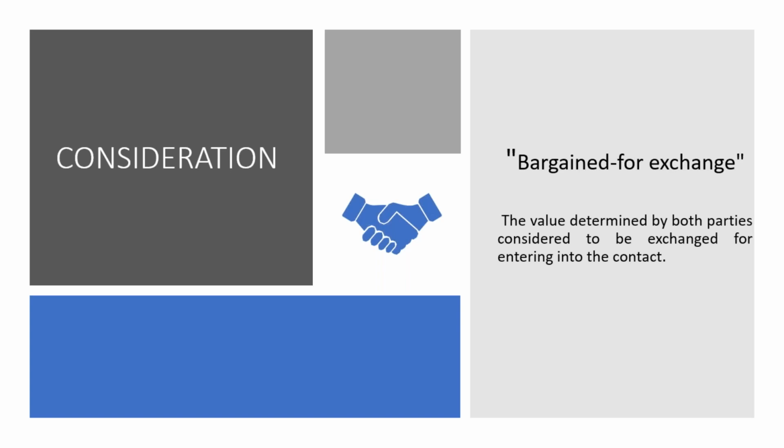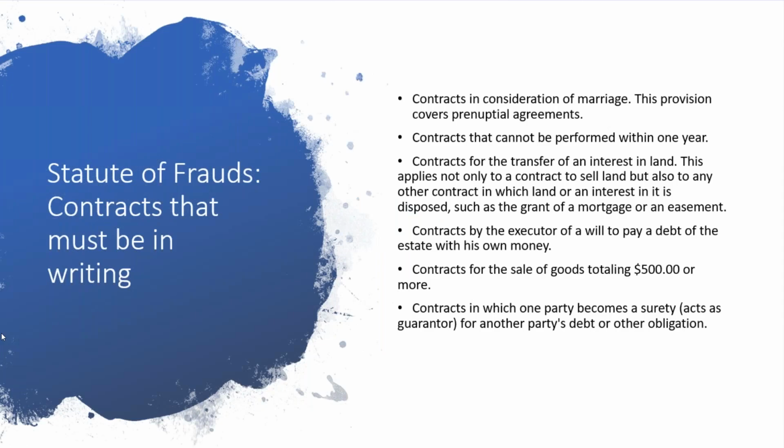So again, in the example that I provided, the scooter is consideration for the $400, which is also consideration. Those are the two forms of consideration that are considered bargained for.